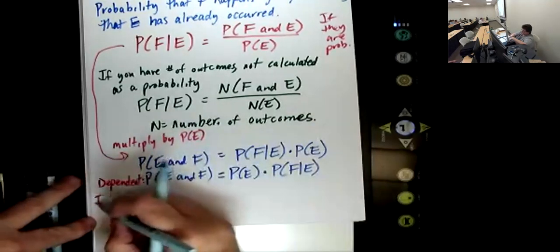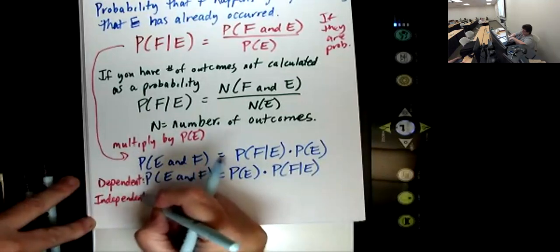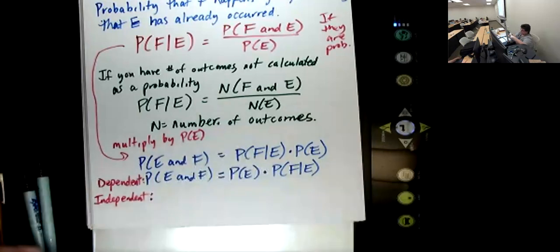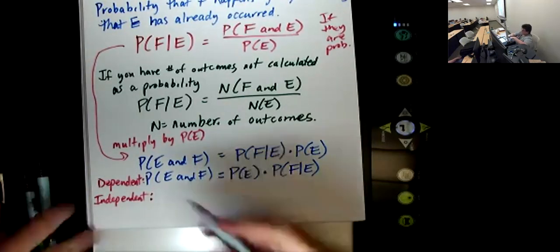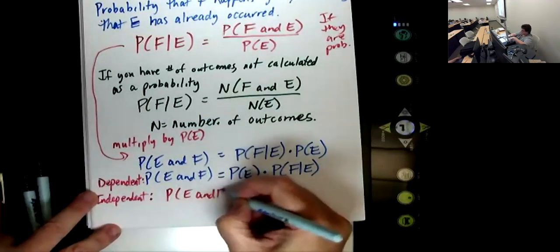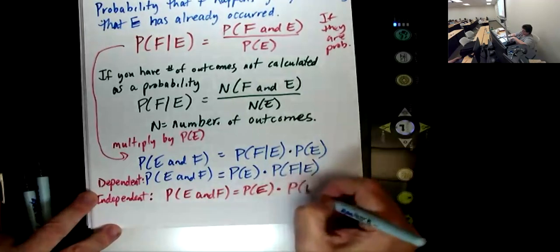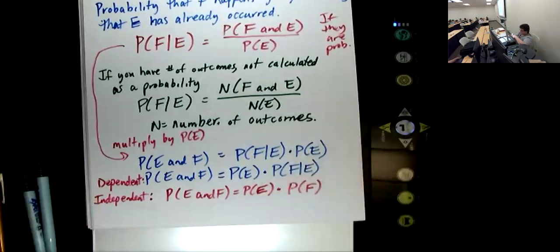And if we look at our independent events one that we had just last week, we had probability of E and F equals probability of E times probability of F. So they look really close to each other.